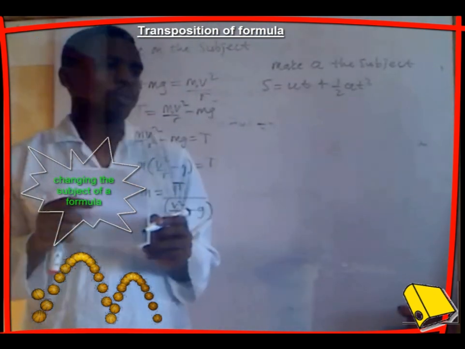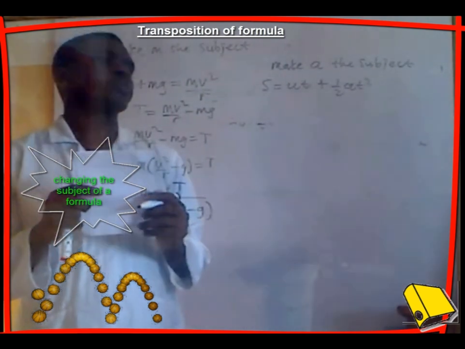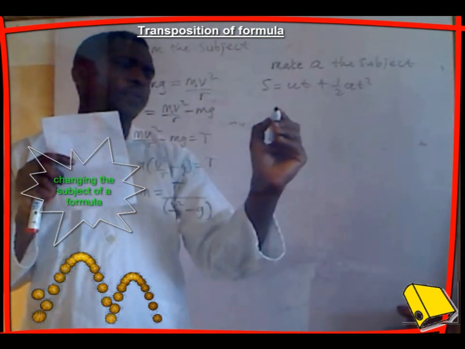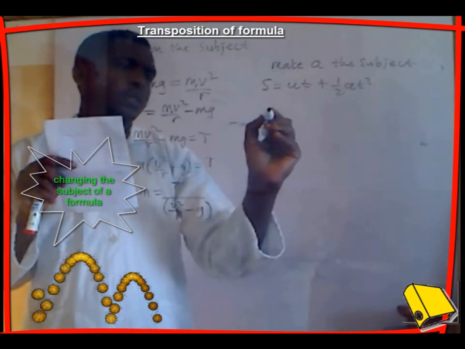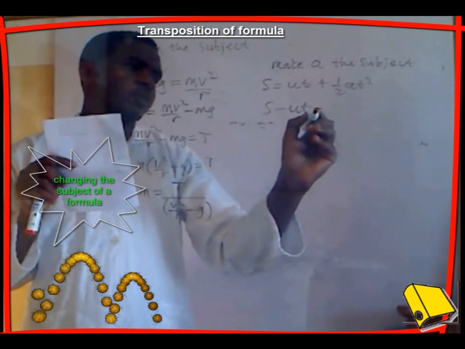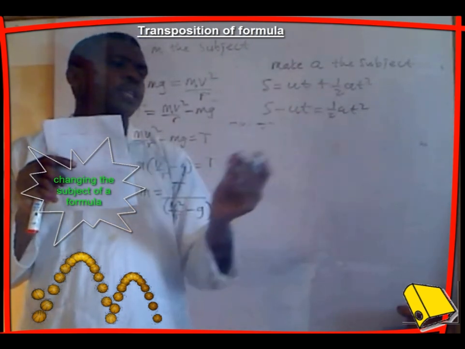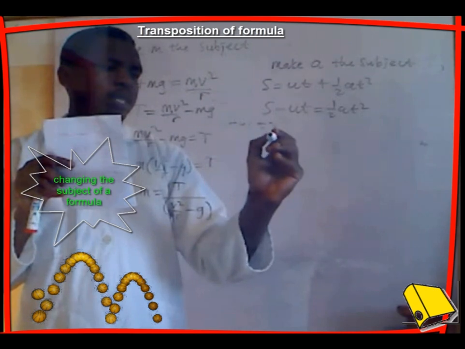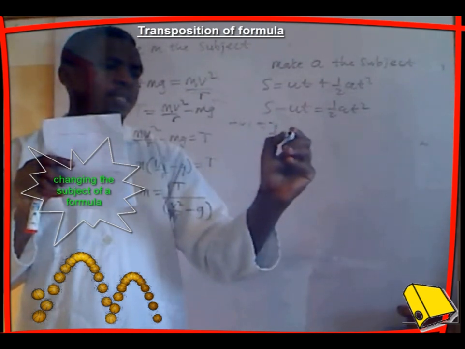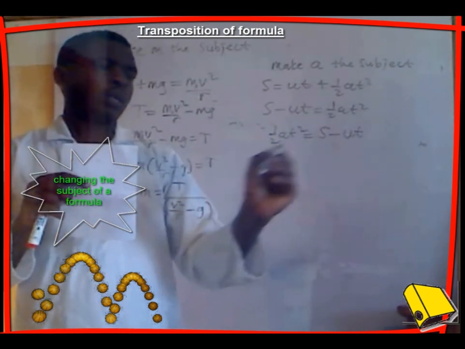Make a the subject in the formula s is equals to ut plus half at squared. So here I'll have s minus ut is equals to half at squared. Let me turn the equation the other way. So I'm saying that half at squared is equals to s minus ut.